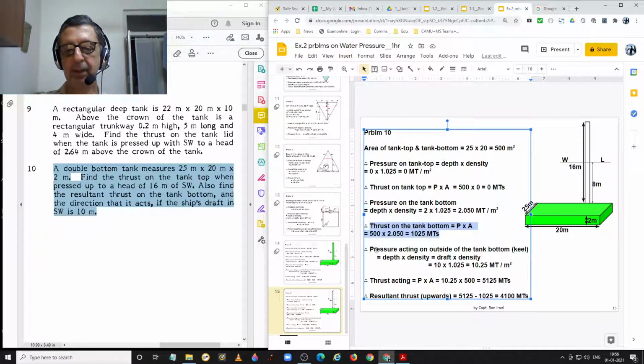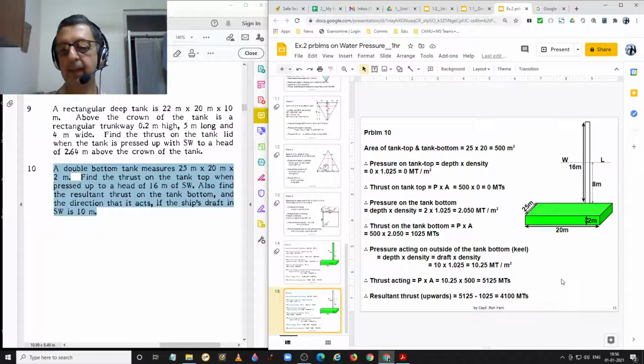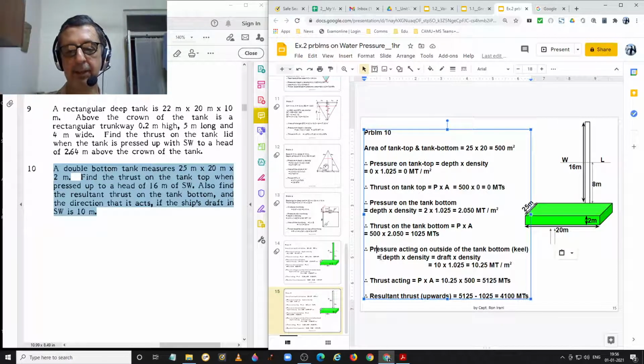Pressure acting on outside of the tank bottom, that is the keel, equal to depth into density, equal to draft into density, and that is equal to 10 times 1.025 equal to 10.25 metric tons per square meter.